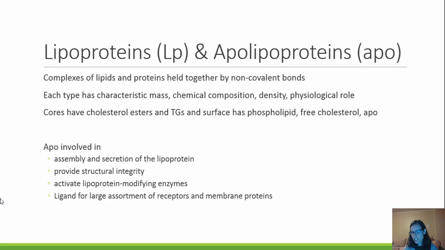Each lipoprotein has a characteristic apolipoprotein associated with it in a certain composition or ratio. The cores of lipoproteins are cholesterol esters and triglycerides, and the surfaces have phospholipids, free cholesterol, and apolipoproteins.